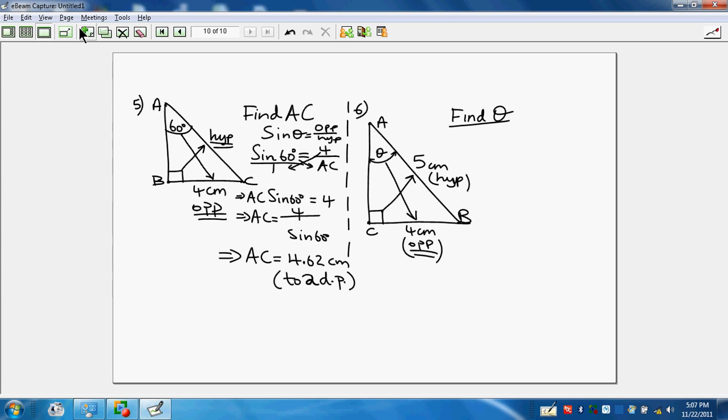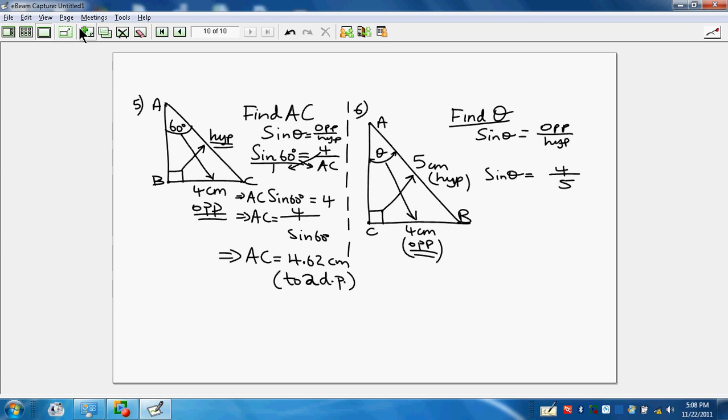Again, the answer is sine. So we write sine theta is equal to opposite over hypotenuse, which means that sine theta will be equal to, in this case, opposite is CB, and that is 4 centimeters, over the hypotenuse, which in this case is AB, and that's 5 centimeters. So sine theta is 4 centimeters over 5 centimeters, or 4/5.